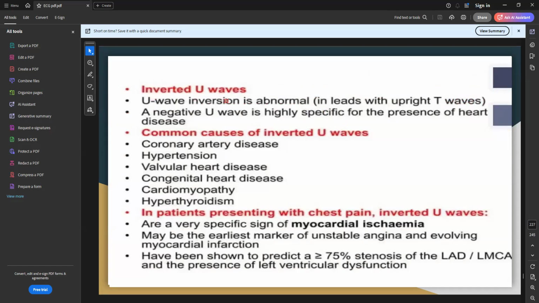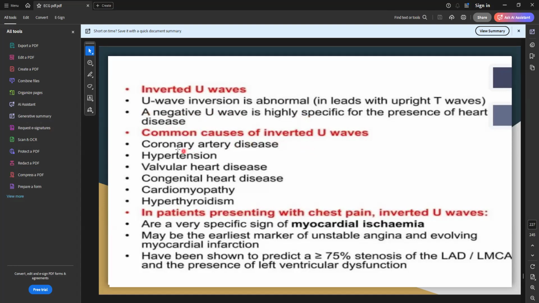Coming to the inverted U waves, this U wave inversion is abnormal. Normally, the U wave is upright, the same as the T wave. Whenever inverted U waves are present, you have to think of underlying heart disease, because a negative U wave is highly specific for heart disease.